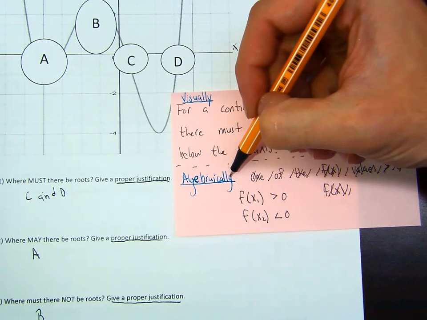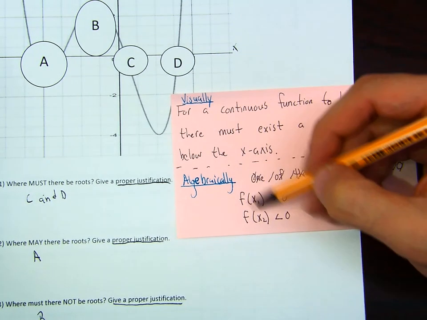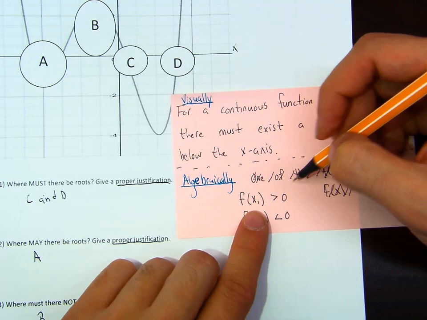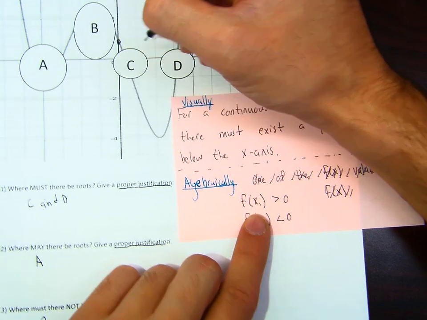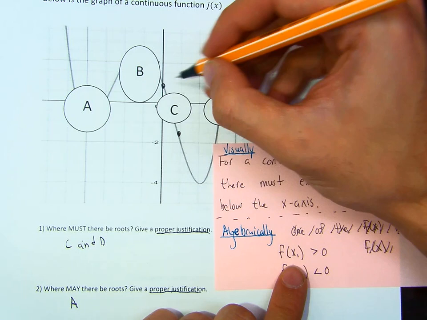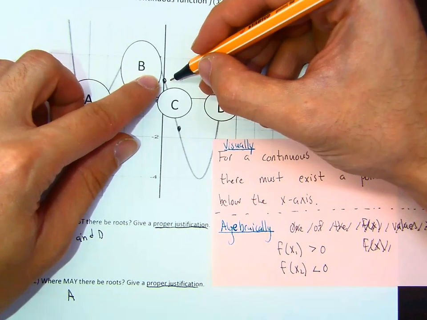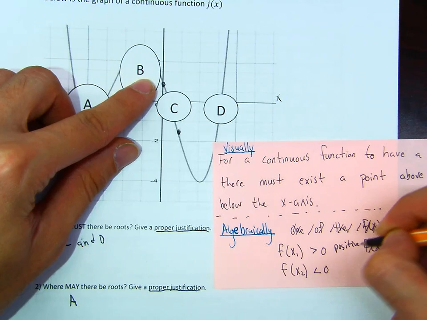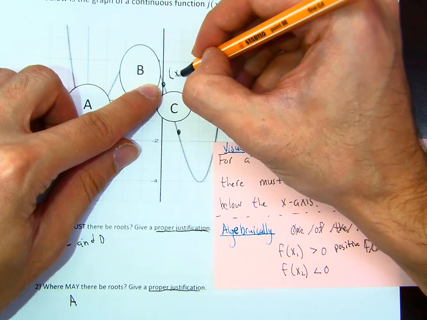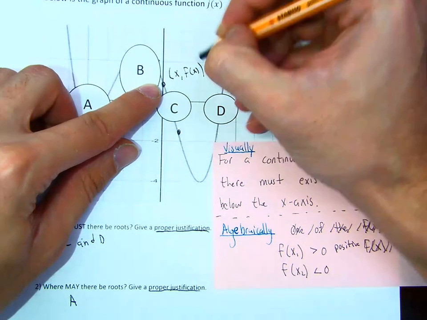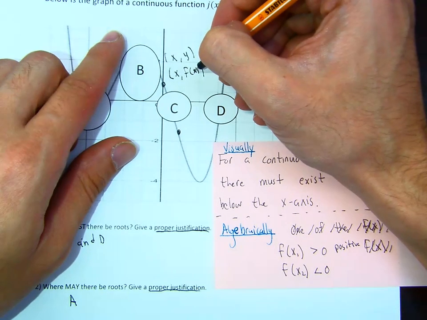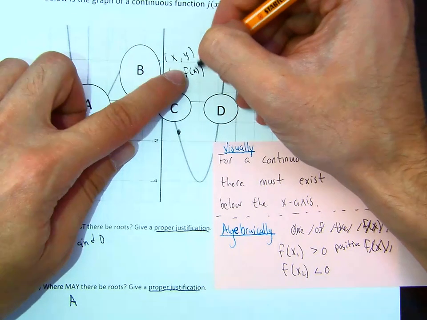But algebraically, this is the connection we need to make. You have to understand that if I have some point over here, and some point over here, one of my points is positive. This means that one of the y values, like if I have an x, f of x, or x comma y. Remember, don't get mixed up with f of x and y. f of x and y are the same thing.